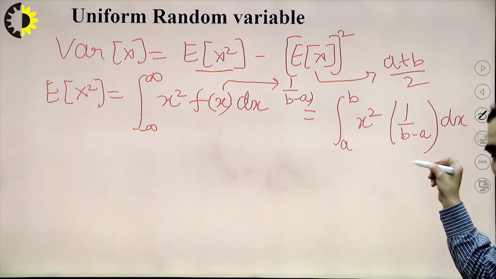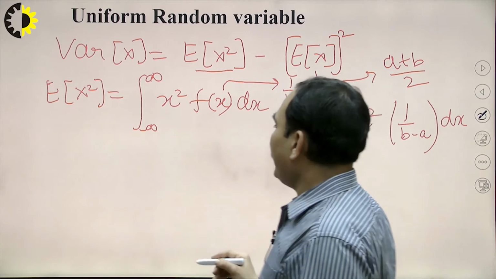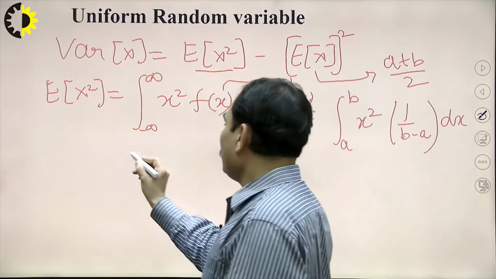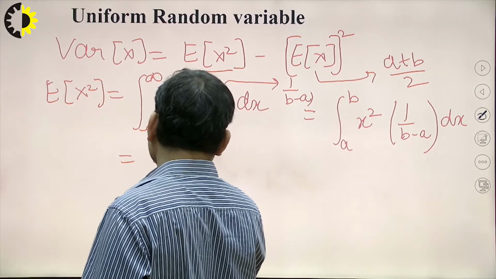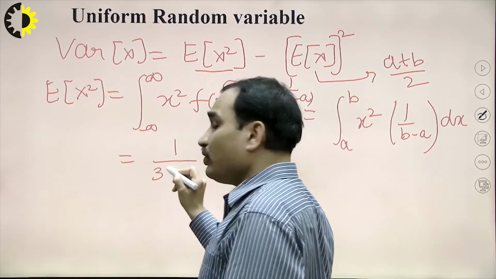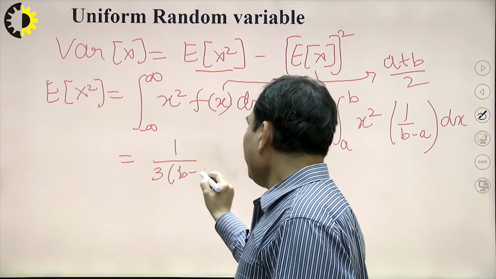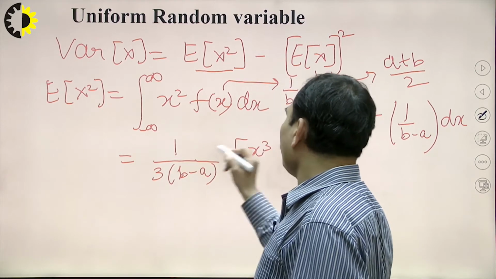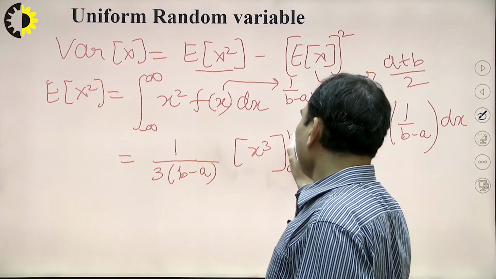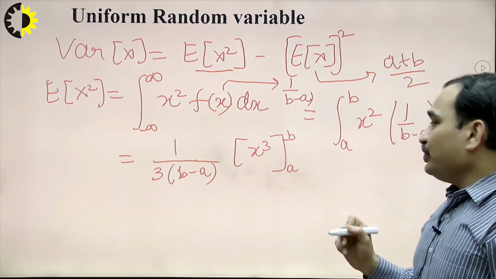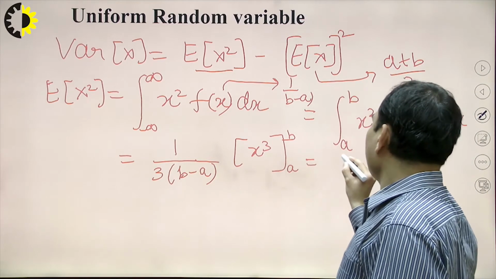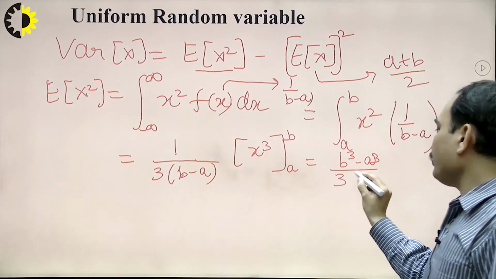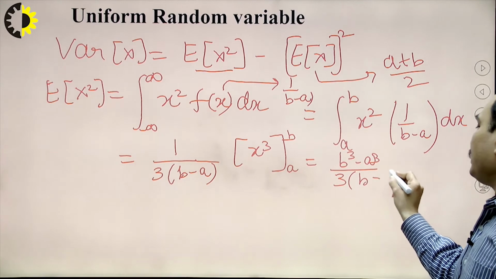Now, as we know this is a constant term, we will take it outside. What is left is the integration of x square, which is nothing but x cube by 3. So, we have 1 upon 3, since 3 is constant, we are taking it outside, times (b minus a), and the integration of x square is x cube, 3 we have already written, with limit from a to b. Now, substituting the limits, we get (b cube minus a cube) by 3 times (b minus a).